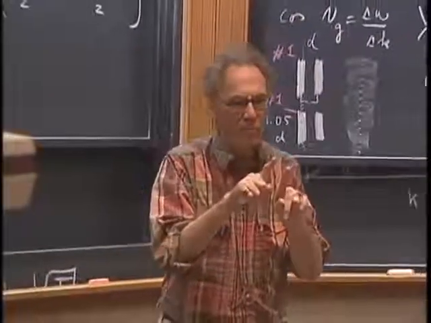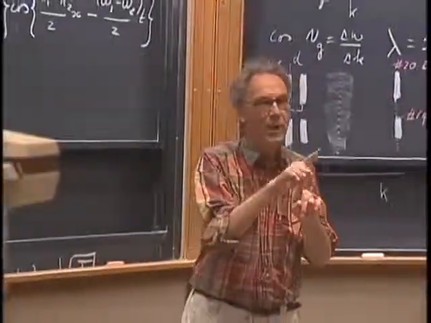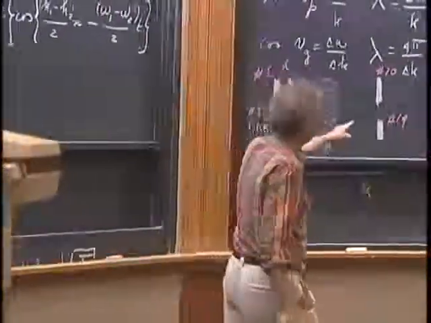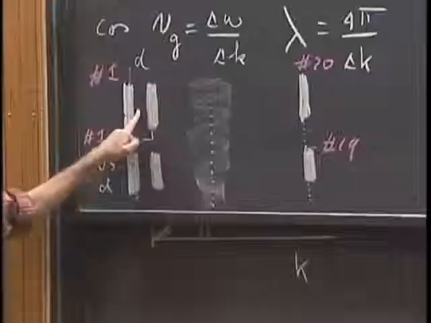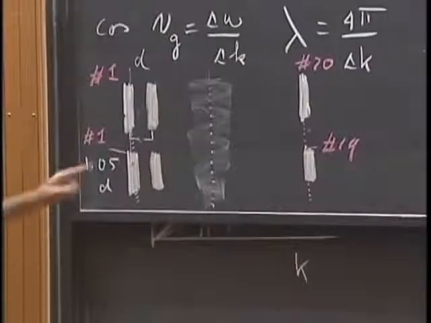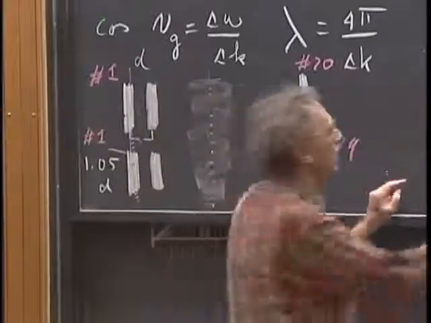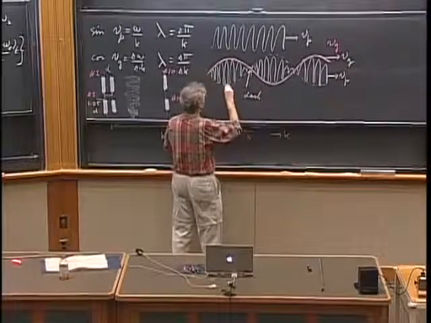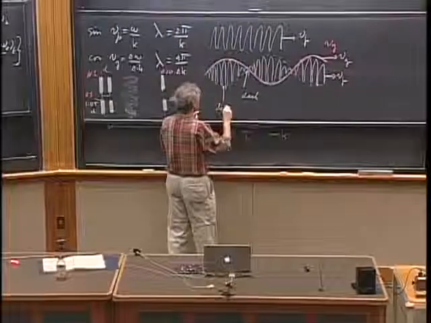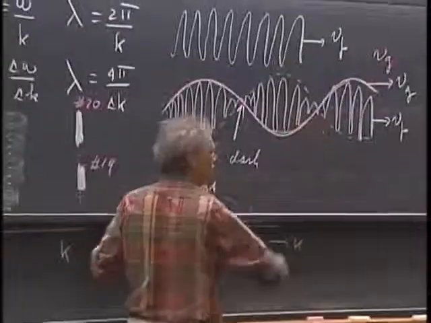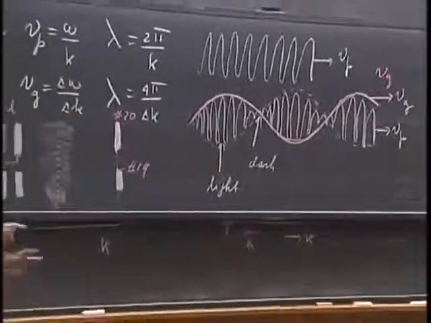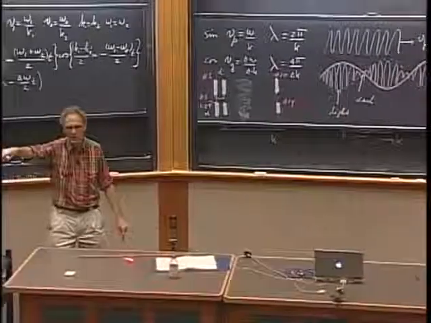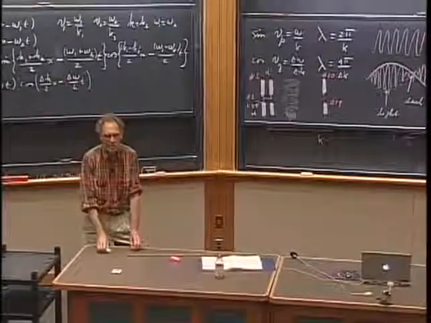Black will be on top of light, and light will be on top of black, and black will top light. Here, however, it's back to what it was here. So you're beginning to see this kind of pattern. Think of this, for now, as being dark, and think of this now as being light. This kind of pattern is what you're going to see if I put the two transparencies on top of each other, as I will do very shortly.